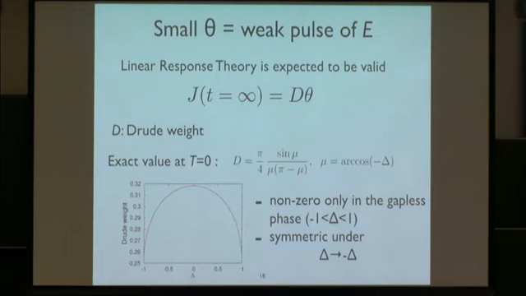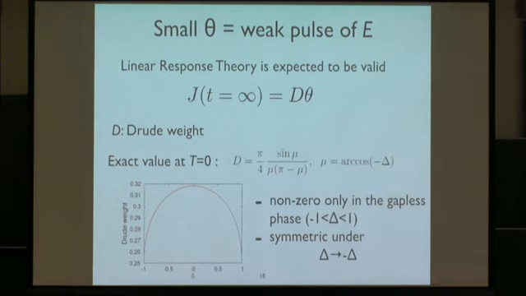In that limit, the asymptotic, or stationary, value of the current is related to the so-called Drude weight. So the Drude weight times the amplitude of the delta-function electric pulse is nothing but the asymptotic value of the current.